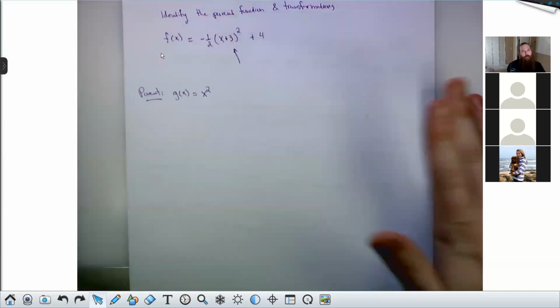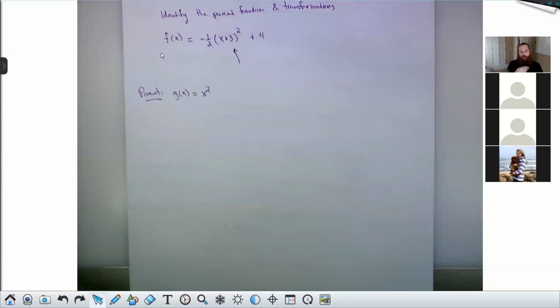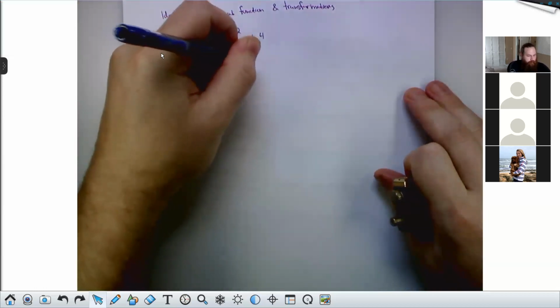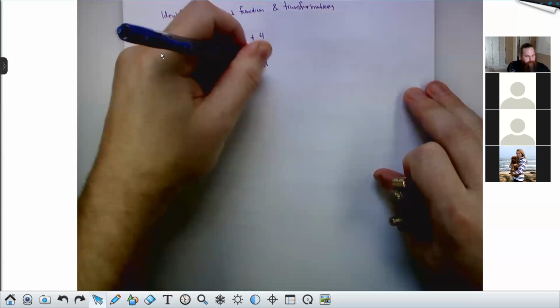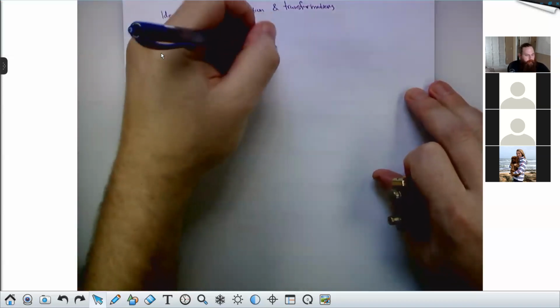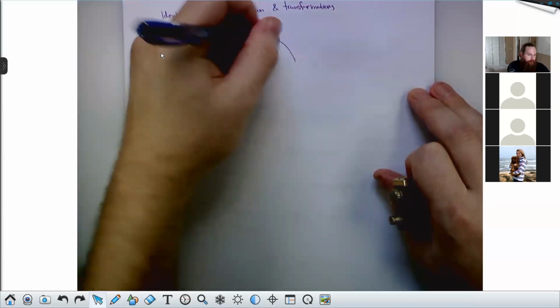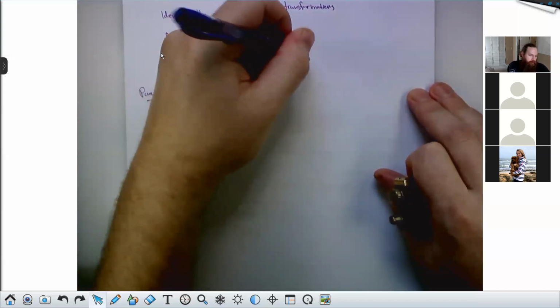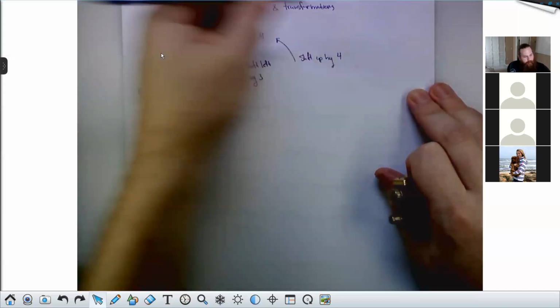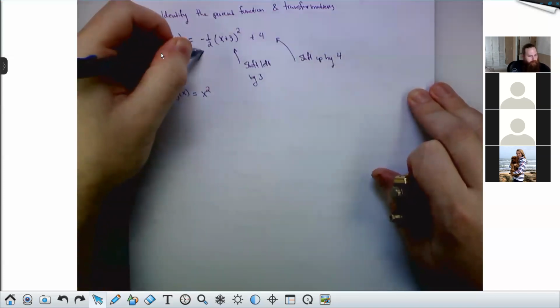What does adding 3 on the inside do? Good, this is a shift left by 3. And this is a shift up by 4. What about this?